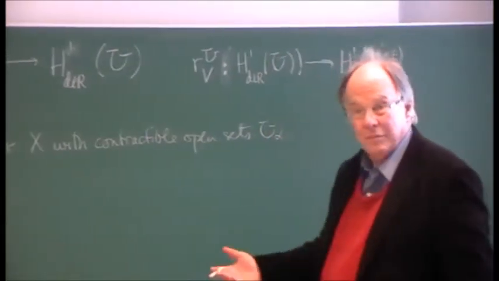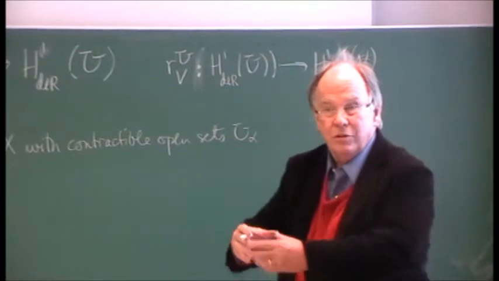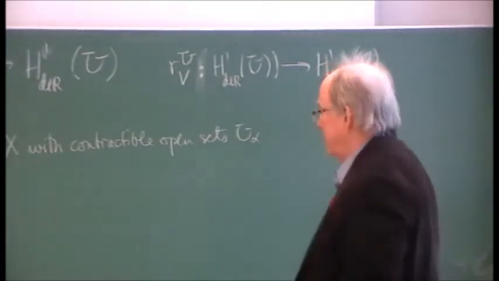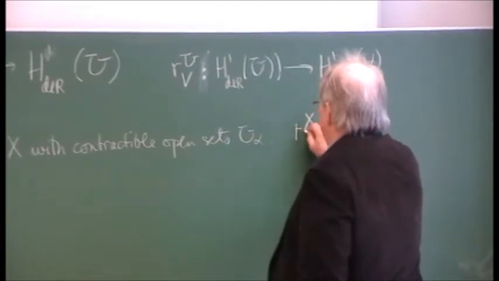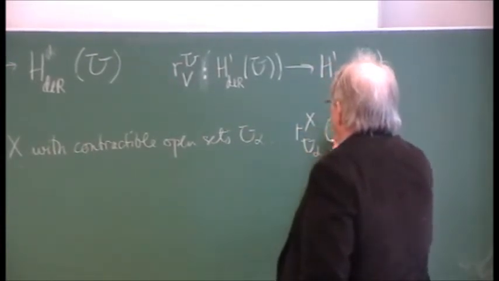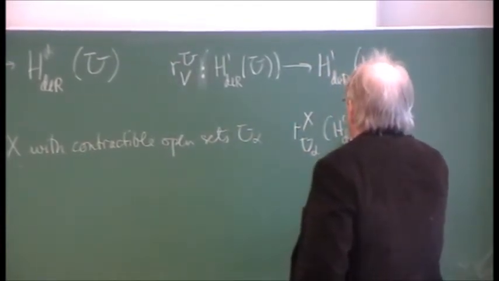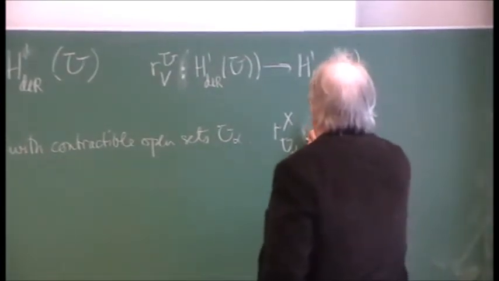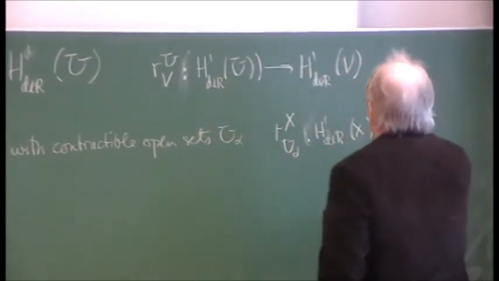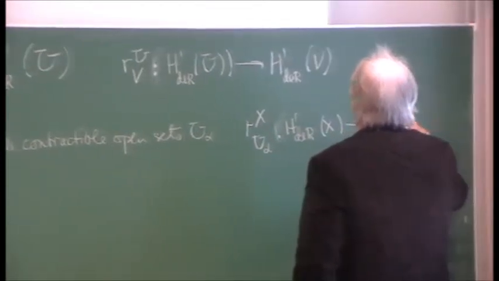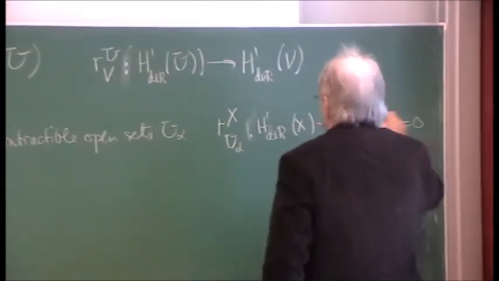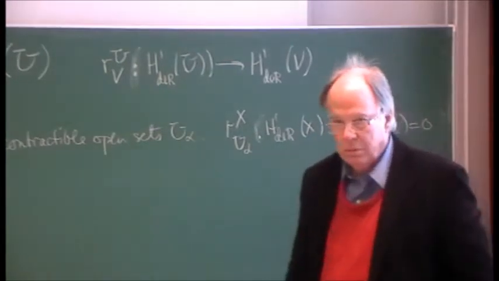Okay? You do it all the time, right? When you take contractible open sets. That says that the restriction from X to U alpha of the de Rham cohomology map, this map, well, this is 0, and this map is the 0 map, always.